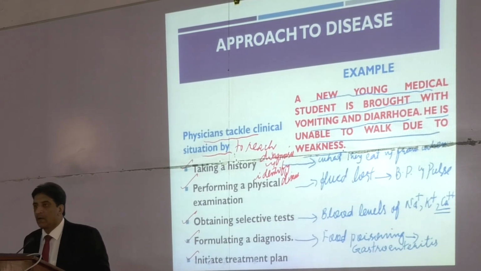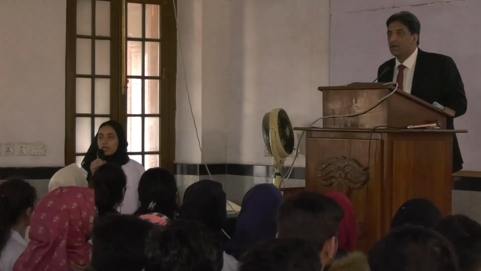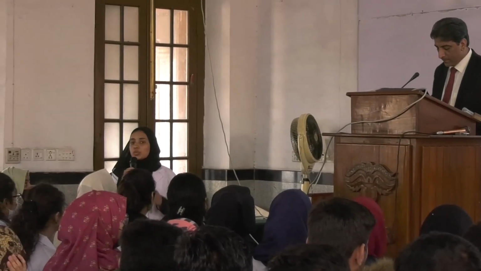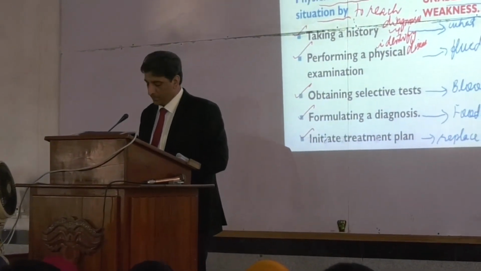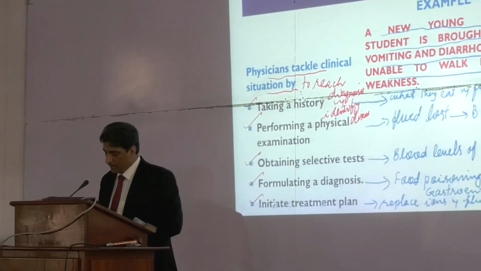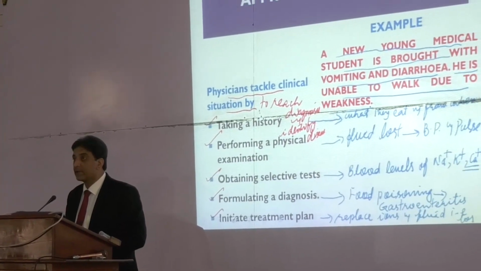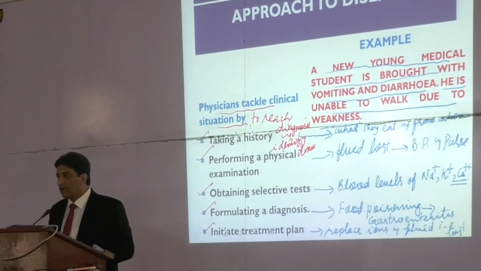Since the patient has lost a lot of electrolytes and ions, we'll try to maintain the electrolyte balance in the patient by treating with fluids and also some antilaxatives. You will replace the ions, electrolytes, and fluid that is lost. And what will you do?